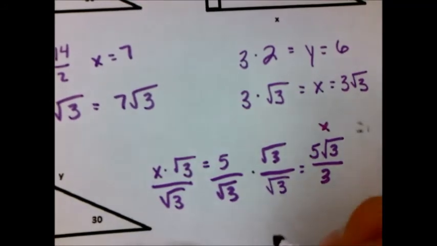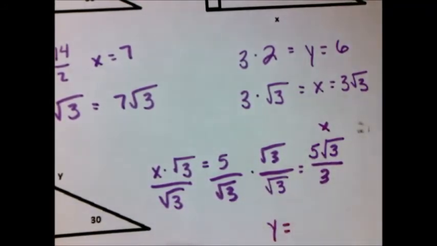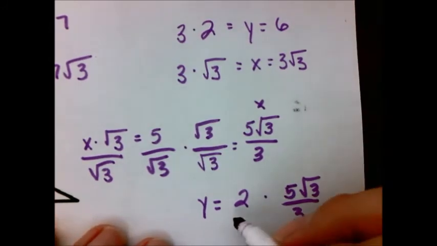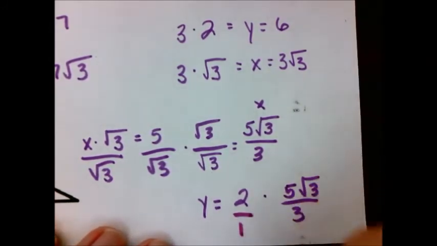Now to find the y, because the x is the shorter side, we have to take 2 times 5 square root 3 over 3. Make this into a fraction. When we do that, we multiply the top together.